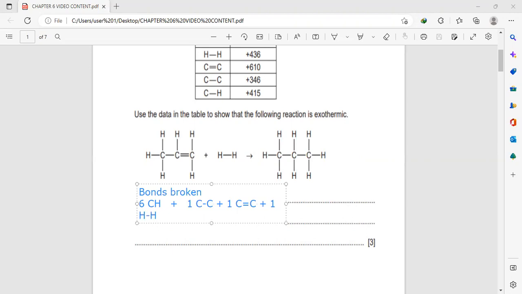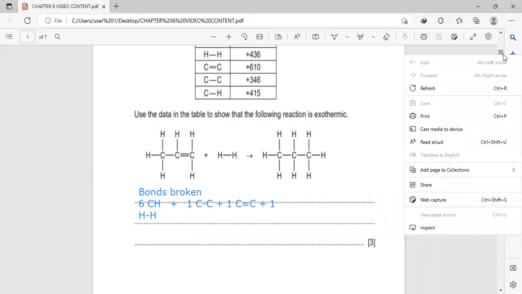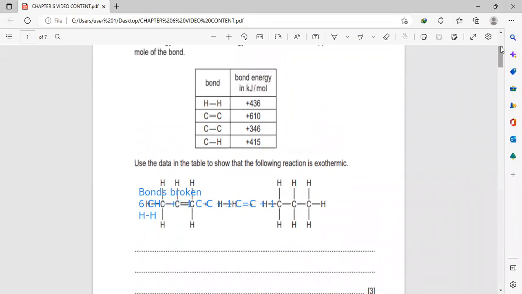Now we are using the values from the table. 6 times the C-H value, which is 415 from the given table, plus the C-C value 346, plus the C=C value 610, plus the H-H value 436.